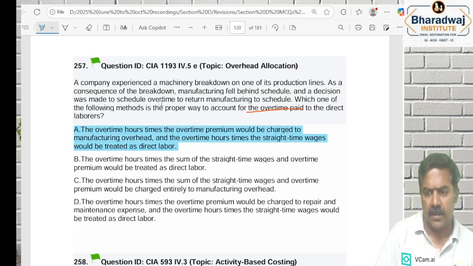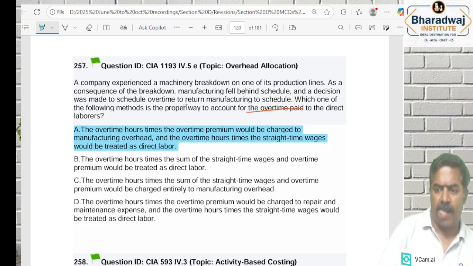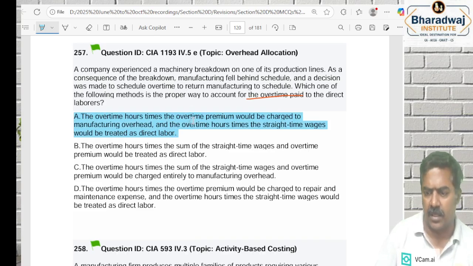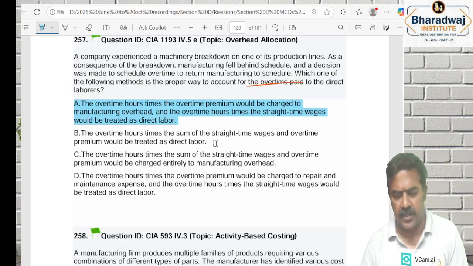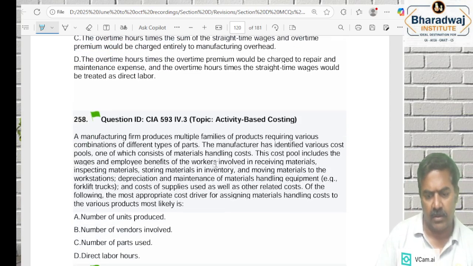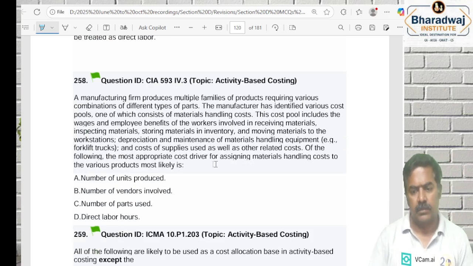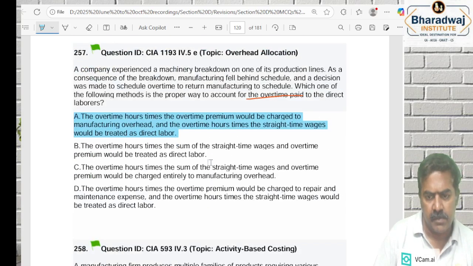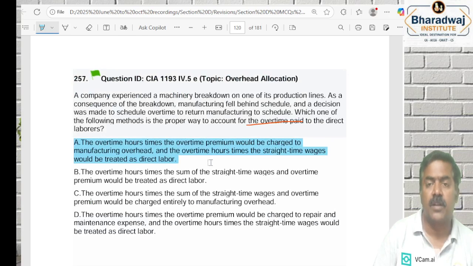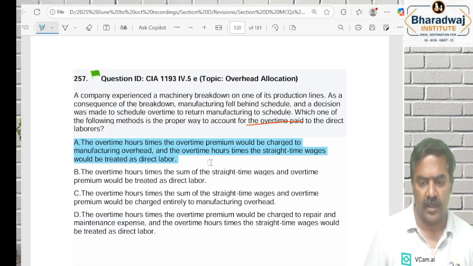Yes, because of the breakdown. Overtime hours are a cost, it should be charged to the manufacturing overheads. Correct. With this, overhead allocation is over.